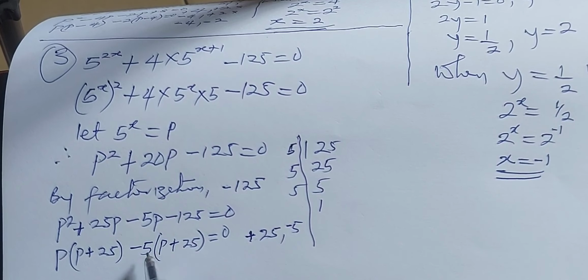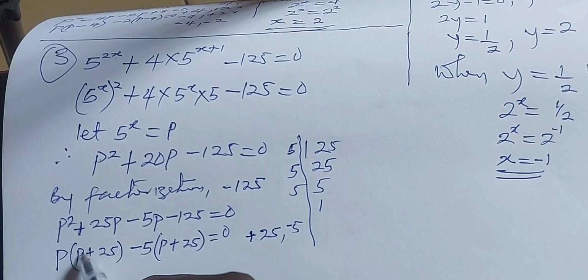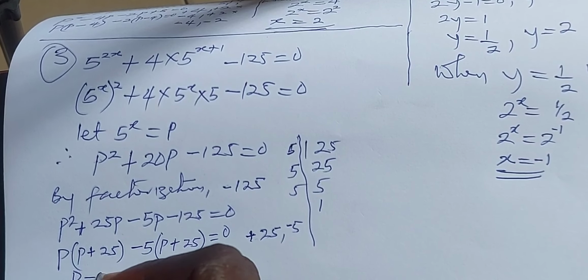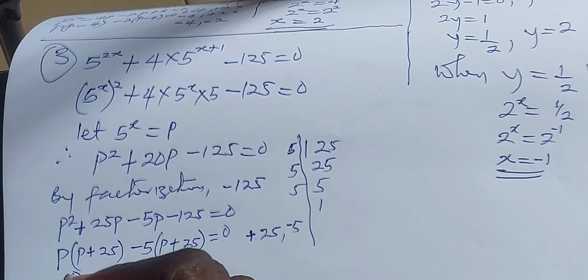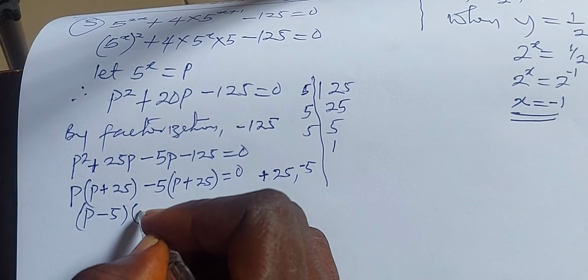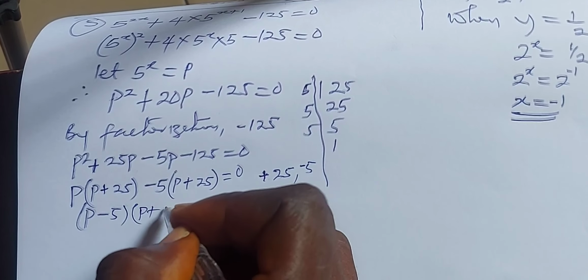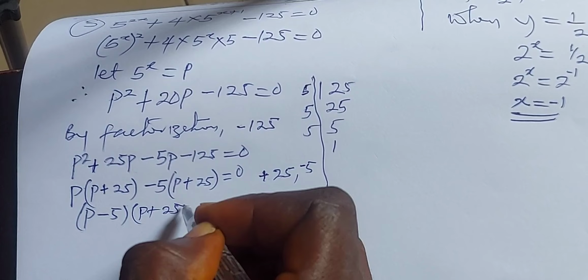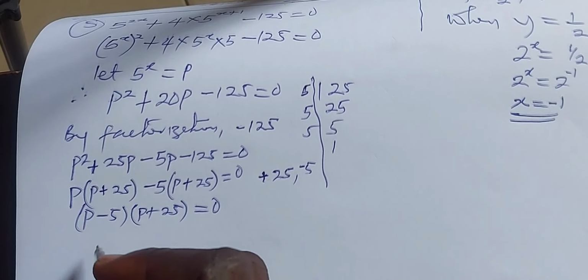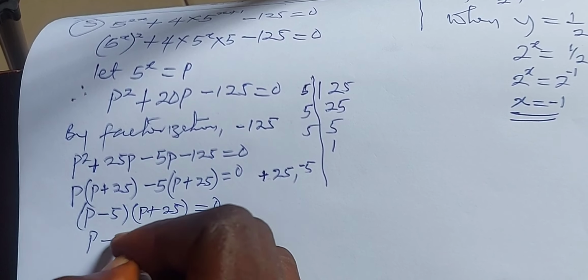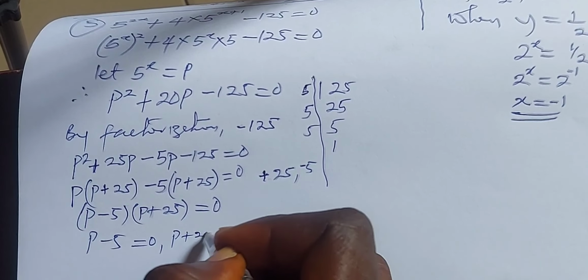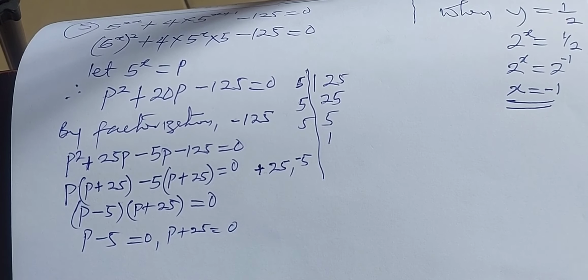Once you factorize and the brackets are common, you are ready to go. (p minus 5)(p plus 25), everything equals 0. So p minus 5 equals 0, and p plus 25 equals 0.